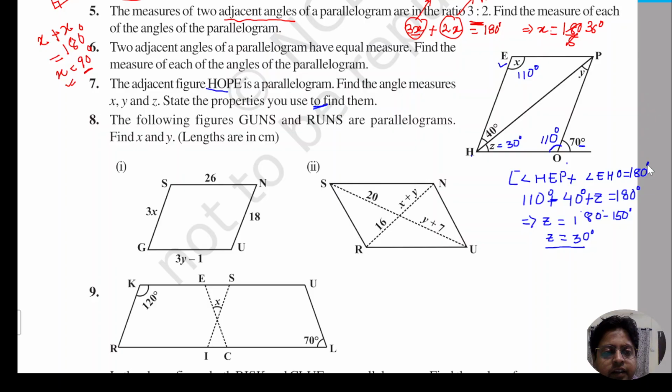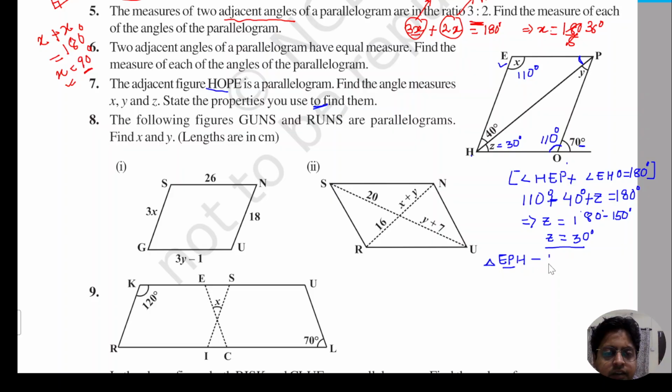Now we have to find Y. So to find Y, we need to find this angle, that is angle EPH. So in triangle EPH, we know that sum of internal angle of a triangle is 180 degree.